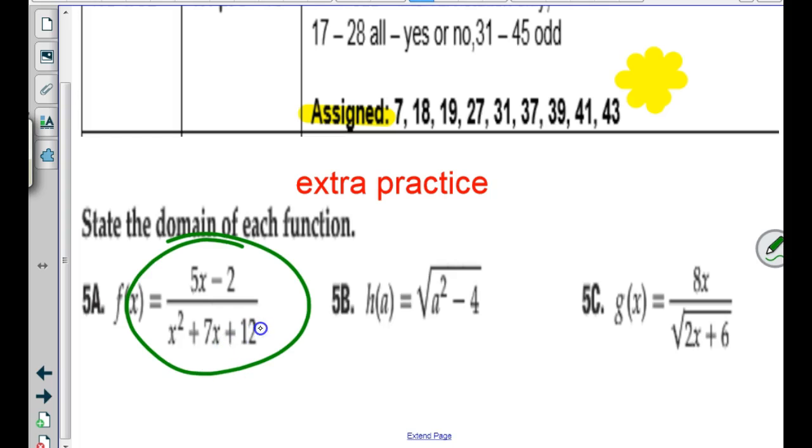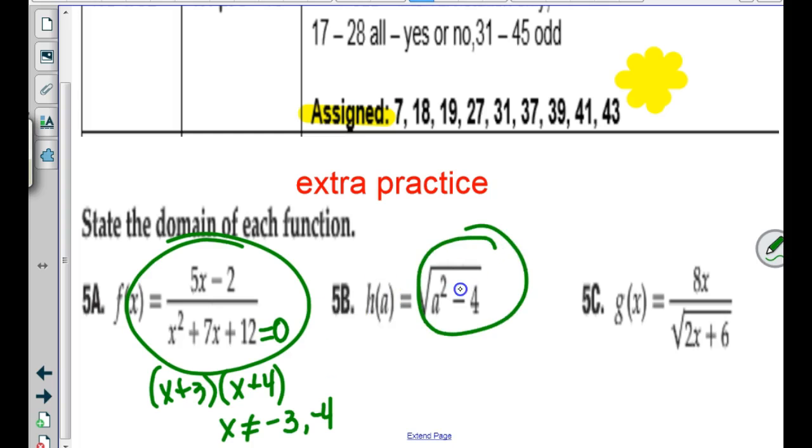The denominator. So I have to set the denominator equal to 0 and figure out what values of x that would mean are a problem. That factors x plus 3, x plus 4. So what are the two values I can't have? Okay, can't equal -3 or -4 because it would make the denominator 0. Otherwise, it's all real numbers.